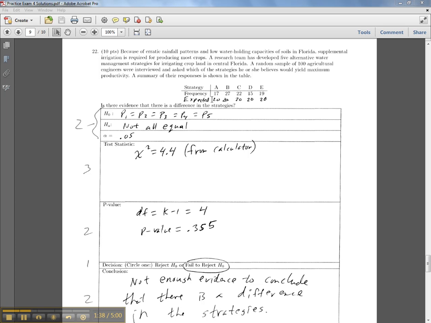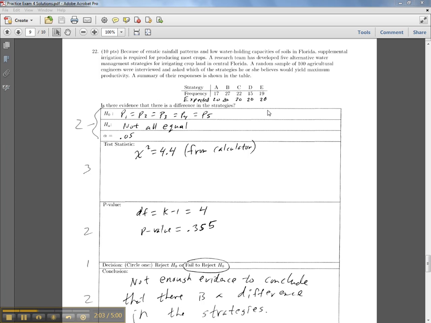And we would expect 20, because that's the only even way we can distribute the 100 agricultural engineers. So 20 here, 20 here, 20 here, and all of this adds to 100. So you can think of it that way to recognize that it's a goodness of fit question. But again, I think the easiest way is to just look if there's one row and several groups.